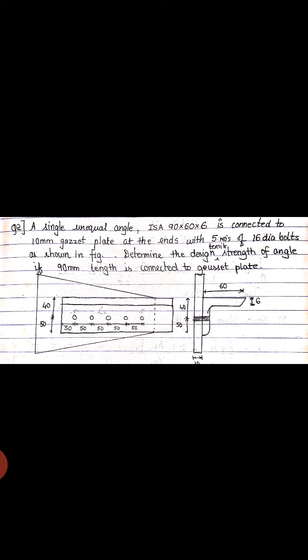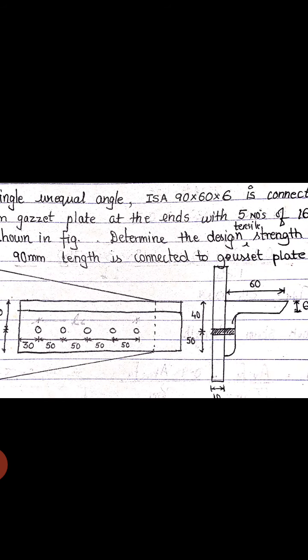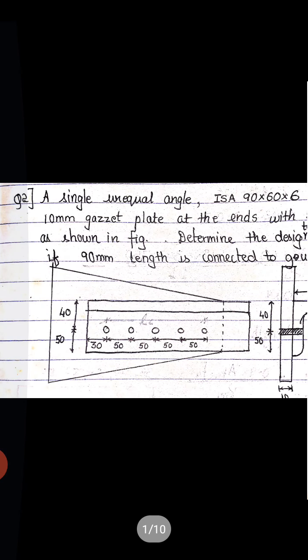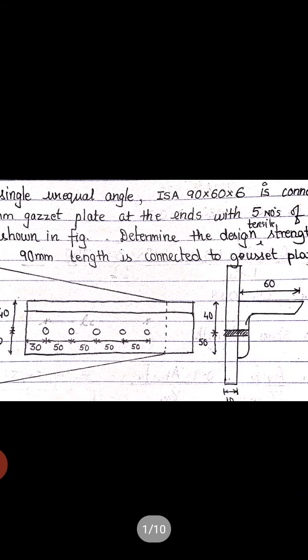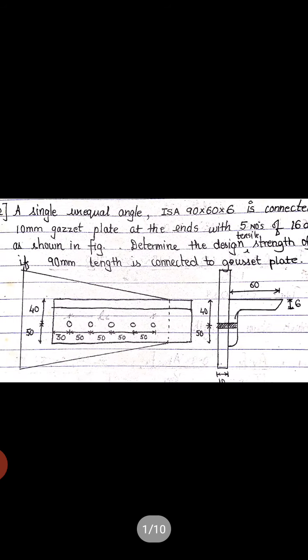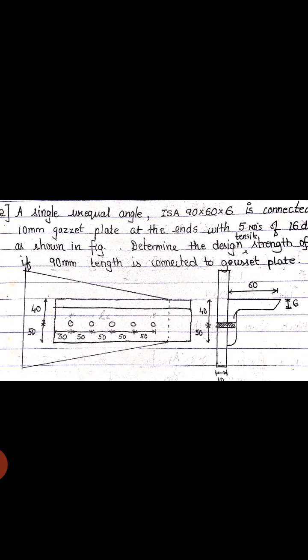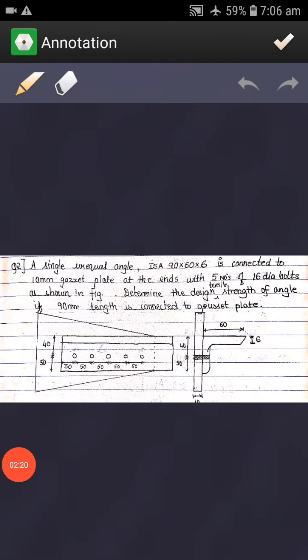Here they are given the angle section, that is 90 by 60 by 6, which is connected to the gusset plate with 5 number of bolts.